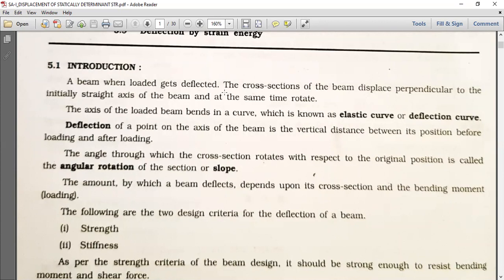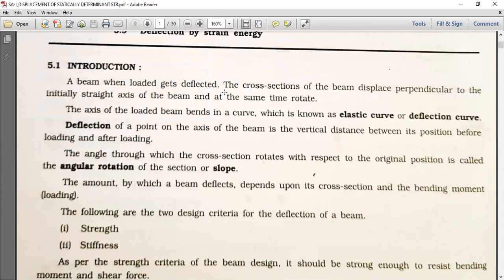The angle through which the cross section rotates with respect to the original position is called the angular rotation of the section or slope.